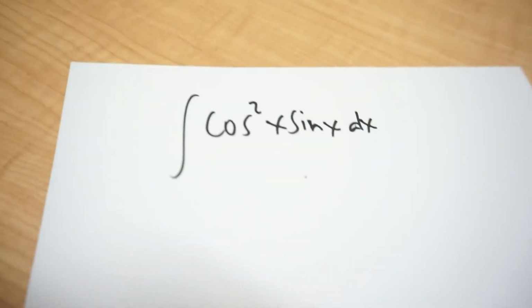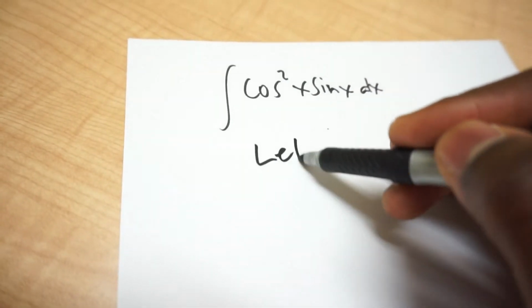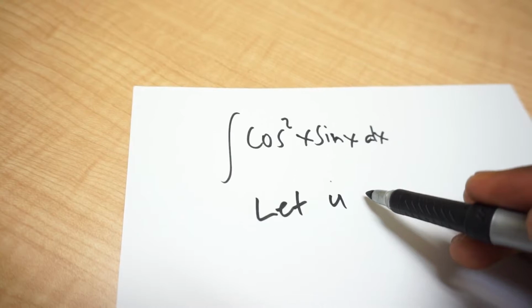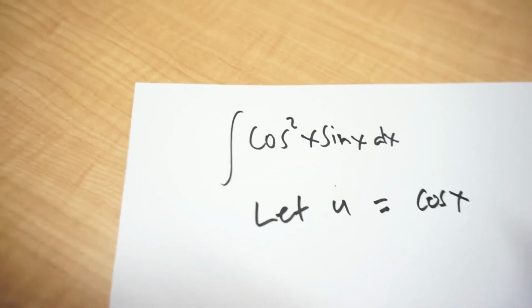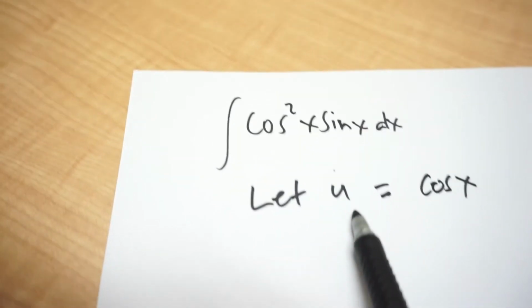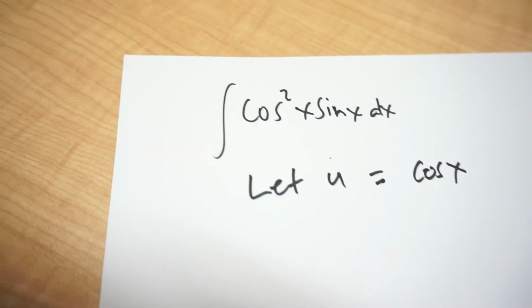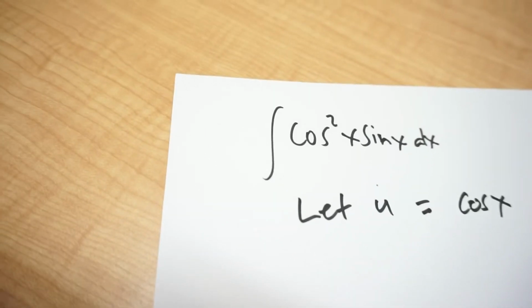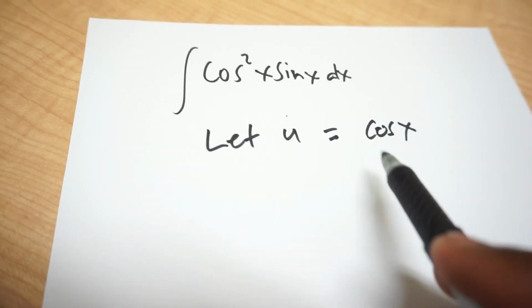So the first thing we gotta be able to do right here is I'm gonna let u equal cosine of x, okay? So I'm gonna let this cosine x equal u, alright? So the next thing I'm gonna do is just put back the u there. But before I do that, I gotta make sure I differentiate this.